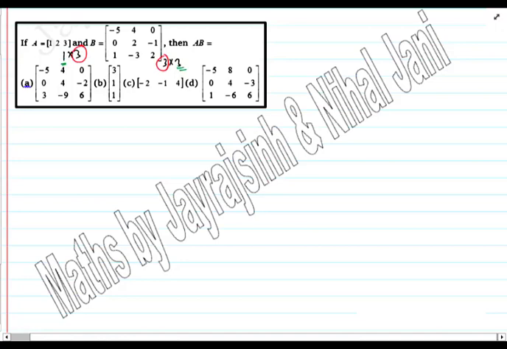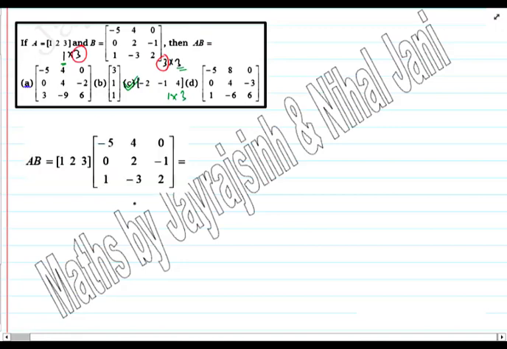And if you see carefully, only option C has a matrix of order 1 cross 3, right? So we already have our correct option, but still I would like to multiply A into B.